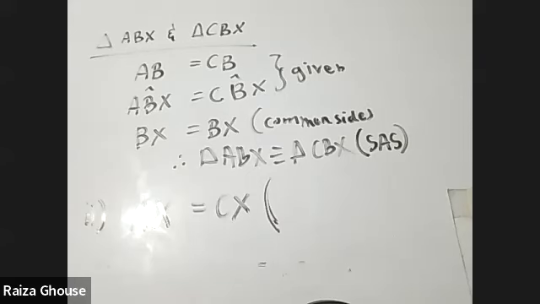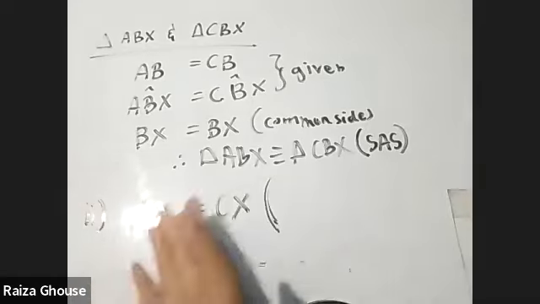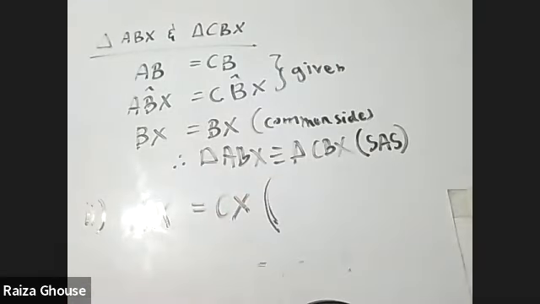Always remember, in a proof question, if you want to say that remaining sides are equal or remaining angles are equal, after writing that, within the bracket you should write corresponding sides of congruent triangles, or else corresponding angles. Those are the points I gave you in the first page of the note. I said remember them. That's the reason I told you to remember.